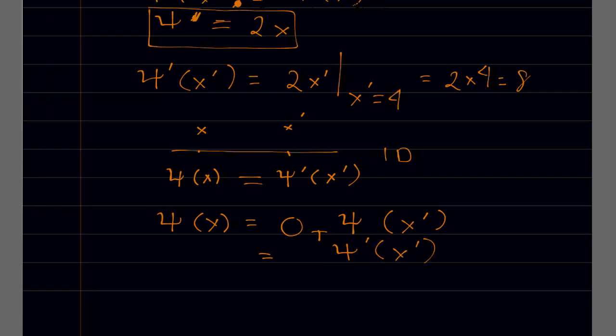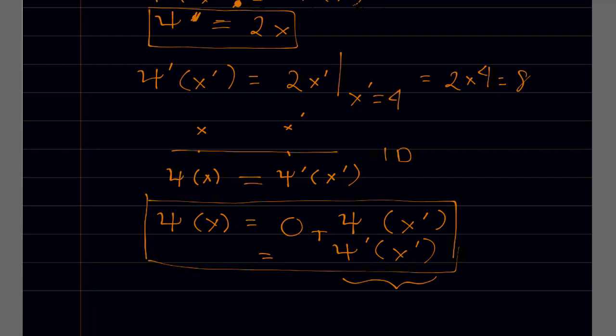I want you to understand this one carefully. What happened here if I do such kind of definition? You see that the transformed function psi prime takes the same value at the image point x prime. What is image point? T acted on x, and whatever you get after T acts on x is called the image point.